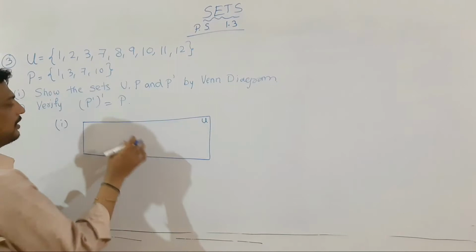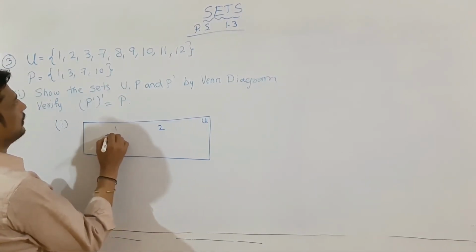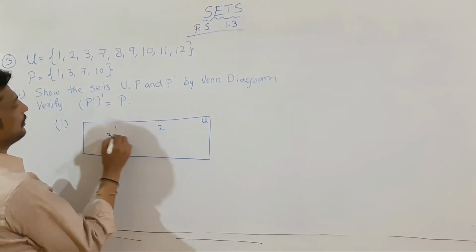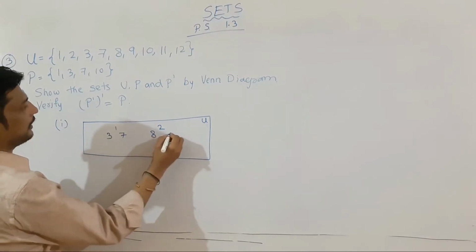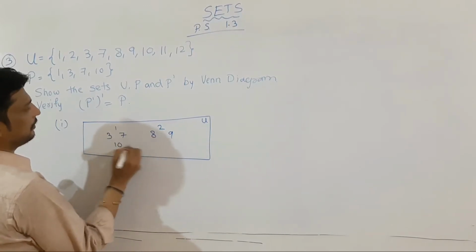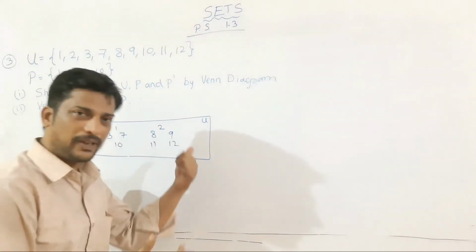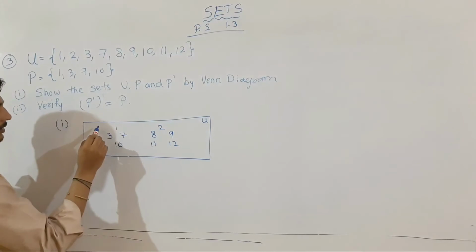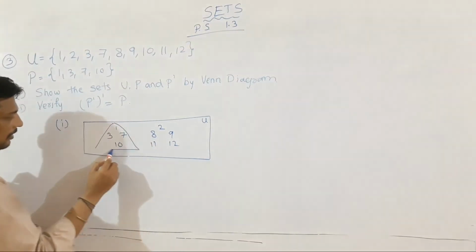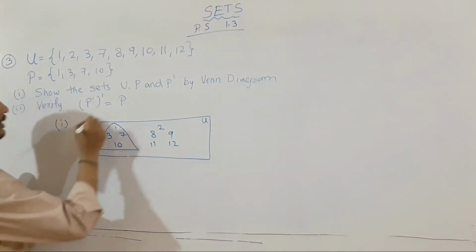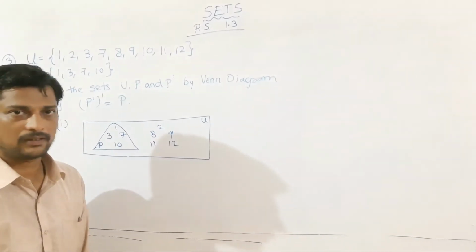But while writing these elements, see, 1, 2, then 3, 7, 8, 9, 10, 11, 12. Now see, I have written this element separately. Why? So that I can take a triangle over here. Now I will name this triangle as P.